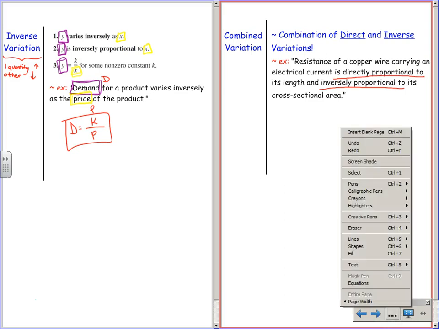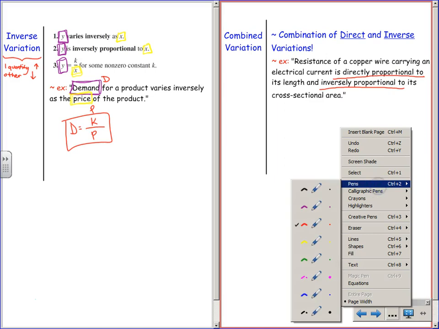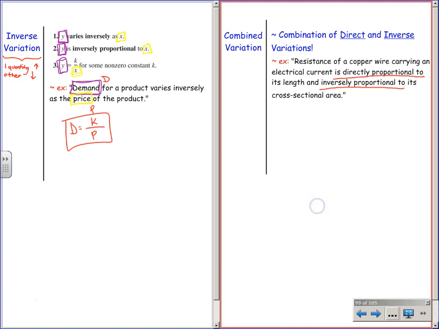Who's going to be your Y? You guys agree with resistance? What comes before resistance? Did you need to write down everything else? Not really, not for just interpreting to get to a model. So the Y comes before the wording. So resistance of a copper wire carrying an electrical current is directly proportional to, okay, what's X?